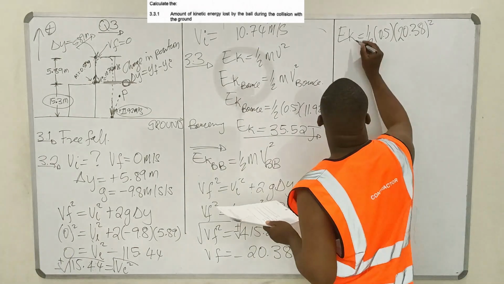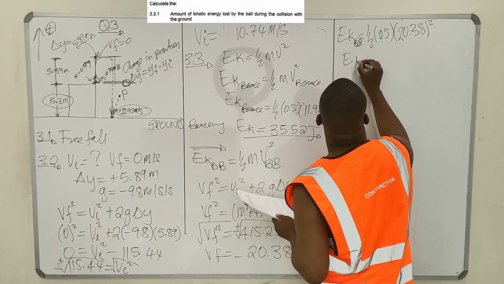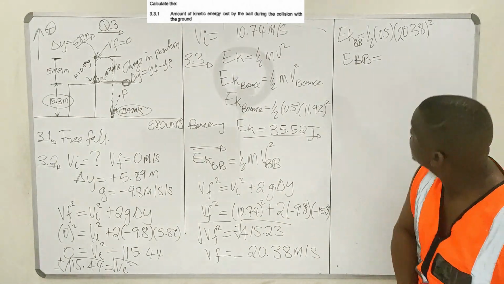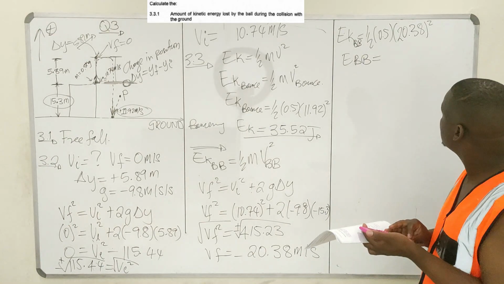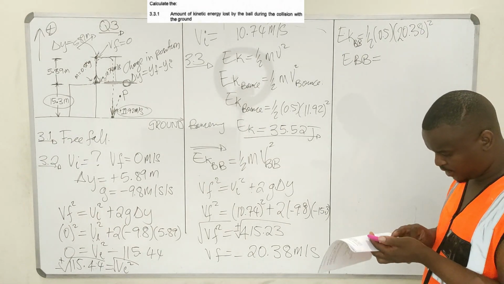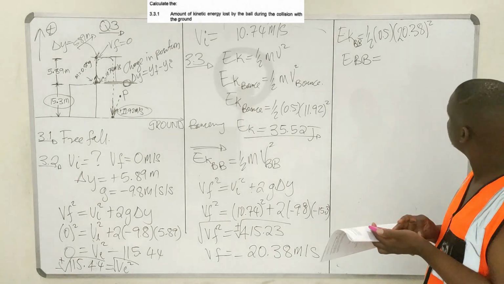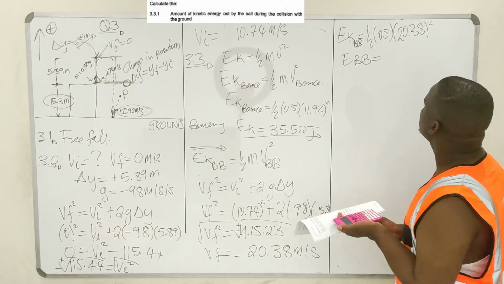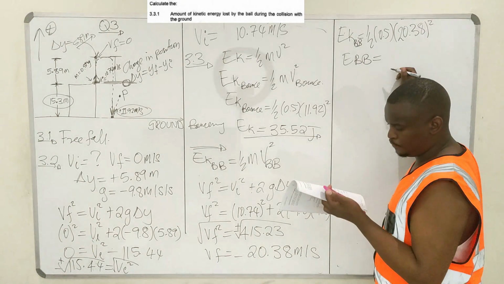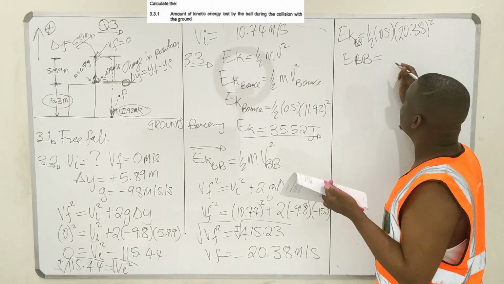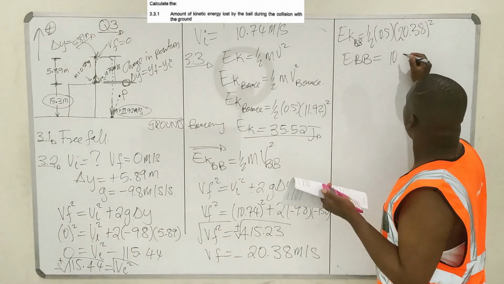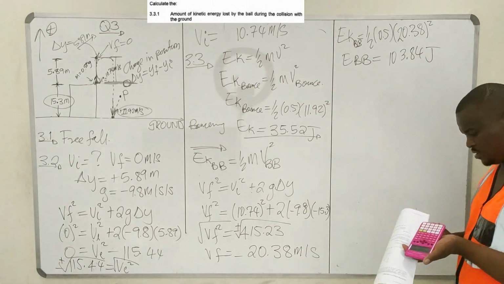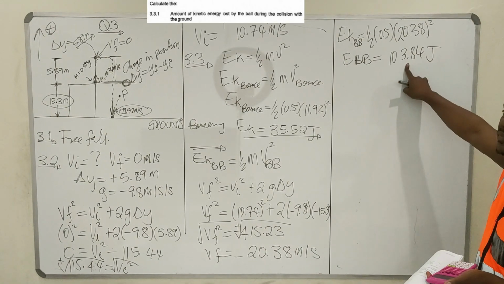So your kinetic energy before bouncing is equal to 0.5 times 20.38 all squared. So you get that your kinetic energy before bouncing was 103.84 joules.